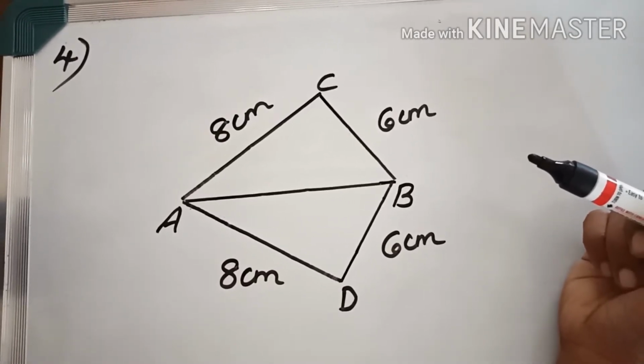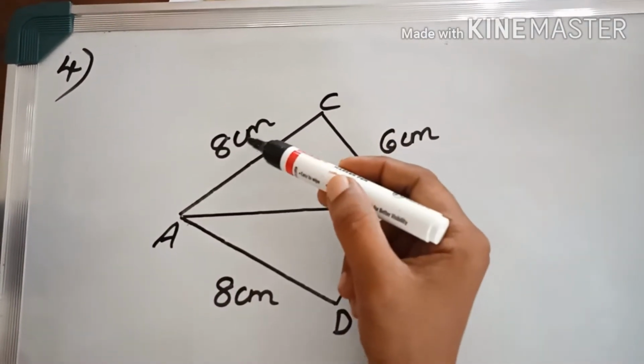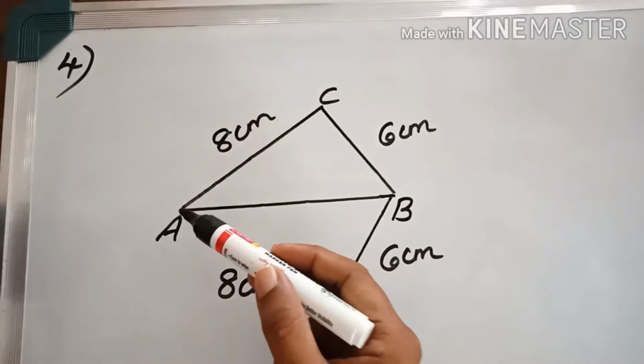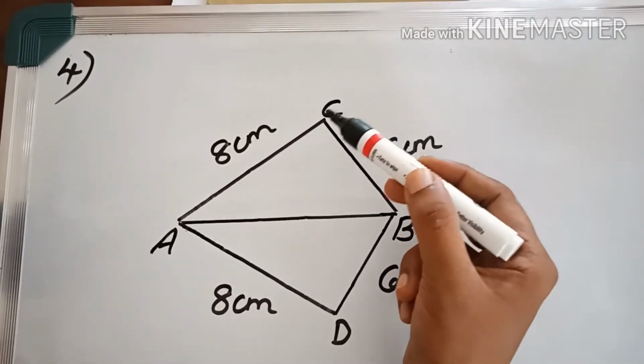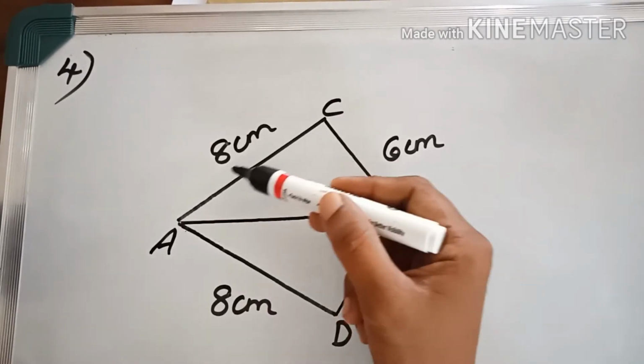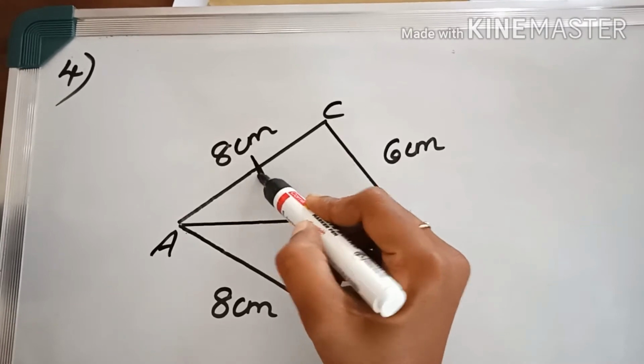So first of all, consider the first side, that is AC. AC is 8 centimeter. First consider the first triangle ABC. For the triangle ABC, we are considering the first side as AC. So the first side AC is 8 centimeter. Mark with 1 dash.